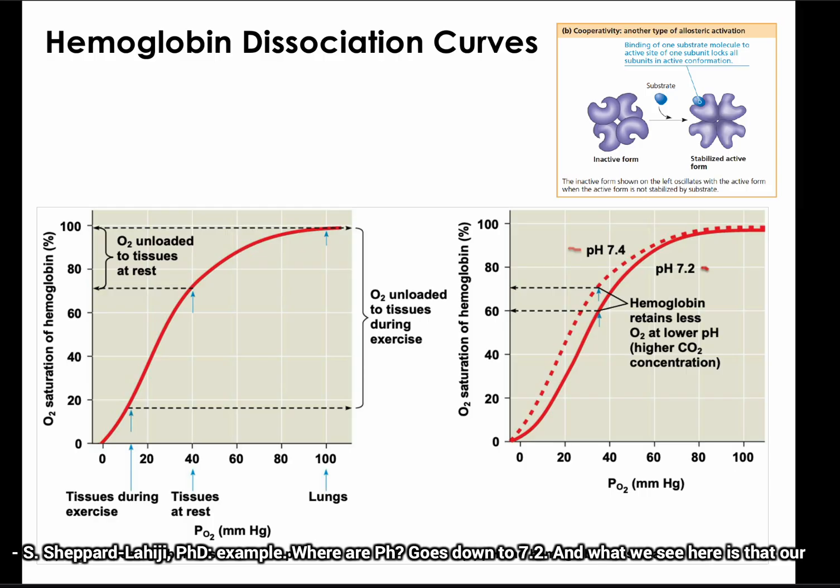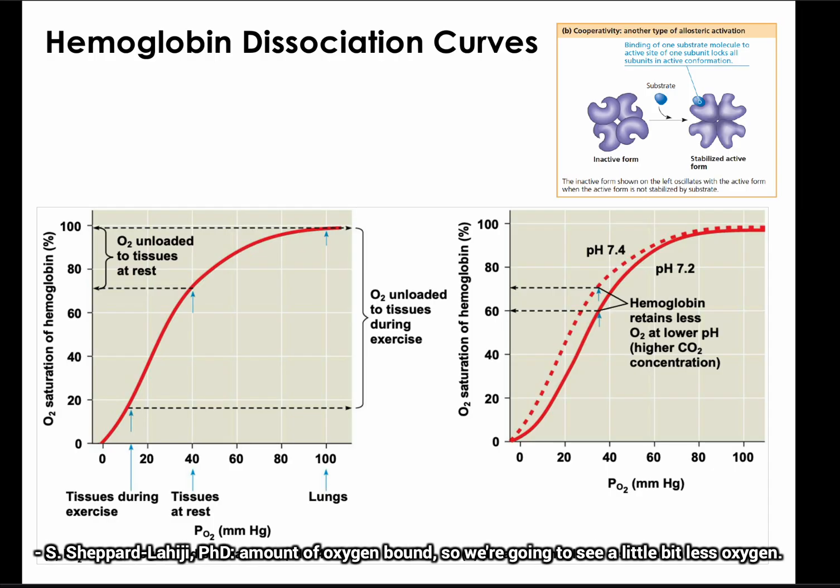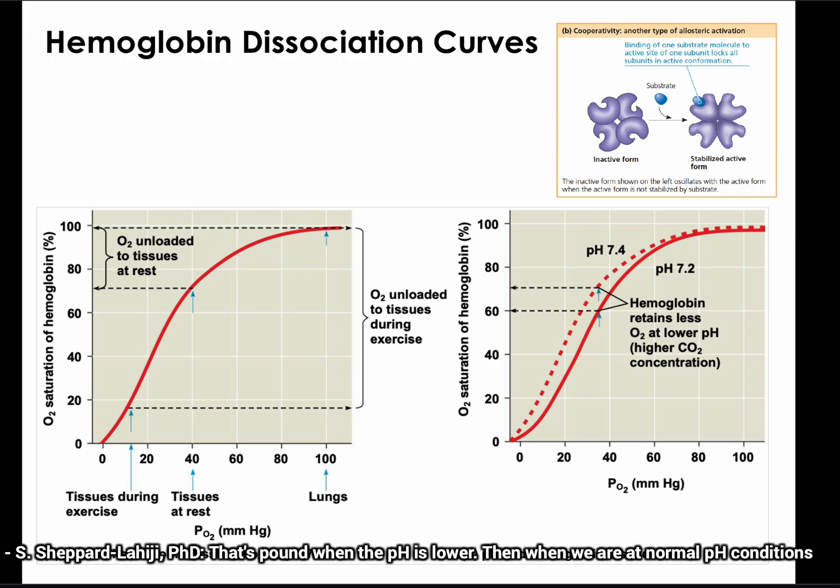And what we see here is that at the same partial pressure, but varying pH conditions, we don't have the same exact amount of oxygen bound. So we are going to see a little bit less oxygen bound when the pH is lower than when we are at normal pH conditions.